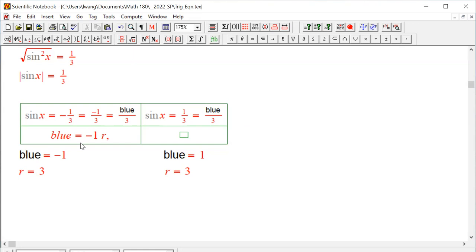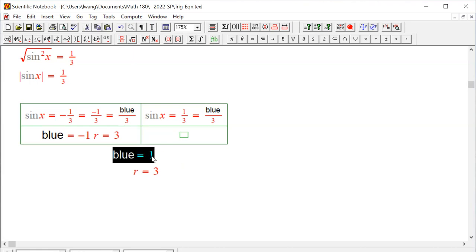In both cases r is 3, so this piece is done. We just put them more organized to make it easier to move around. The other column has blue equals 1 and r equals 3. Okay, so we got it organized.